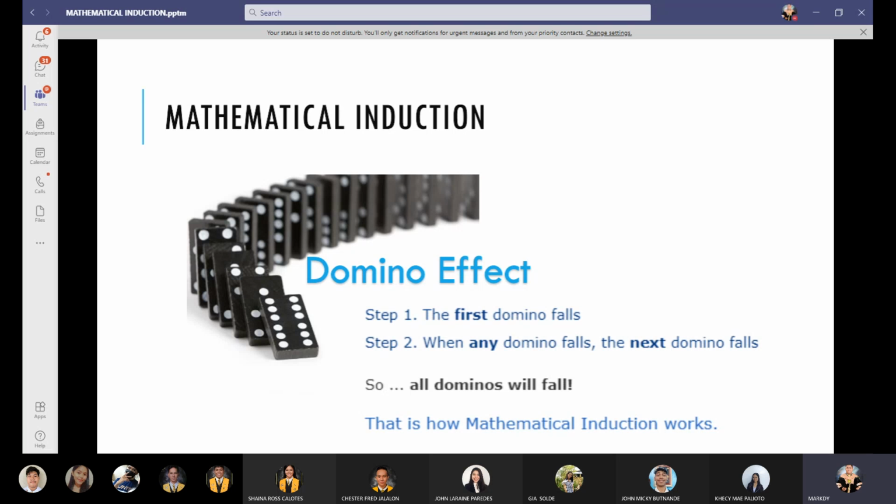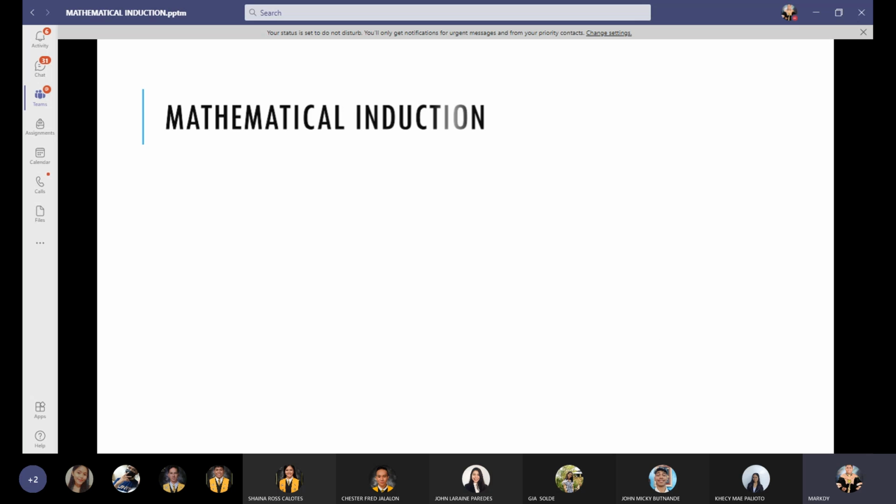If one domino falls, then the rest of the dominoes in line will follow. The first falls, then the second, down to the last domino, which will also fall. That is how mathematical induction works.